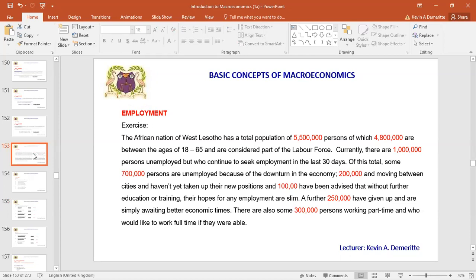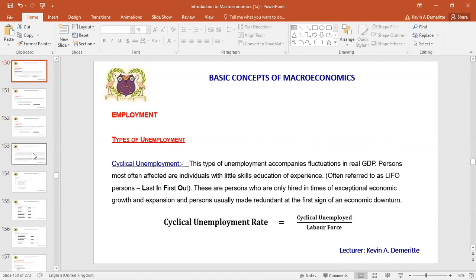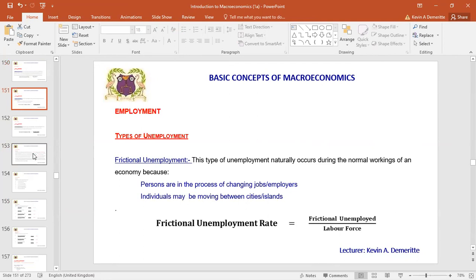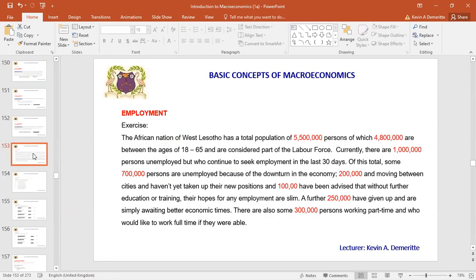How do we define people who are cyclically unemployed? Let's go to our discussion. These are last in and first out. Last people we can hire, first people we can fire. We only hire them when things are going good in the economy. So we're looking for people who are affected by what the economy does.